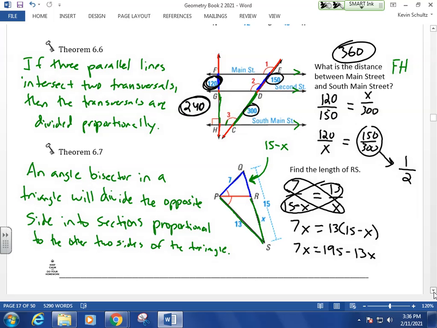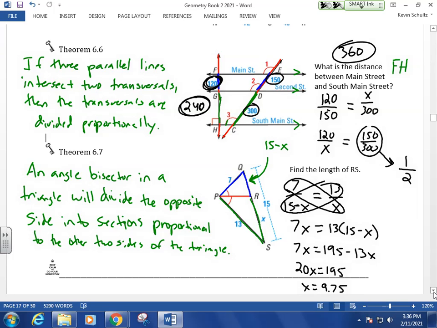We distribute there. Move that 13X over to the other side. That gives us 20X equals 195. And I must have been in a mood when I put this together for a lot of decimal answers here. The class must have been on my nerves or something. I don't know. And we get a value of X equals 9.75.